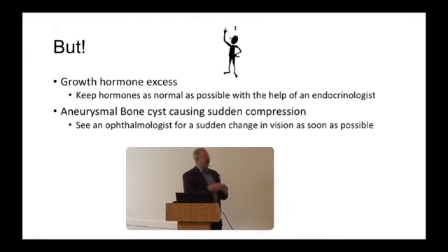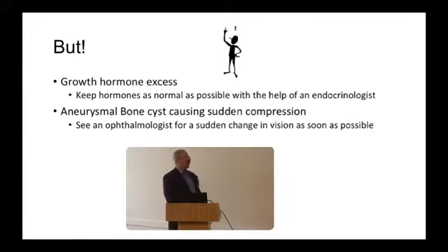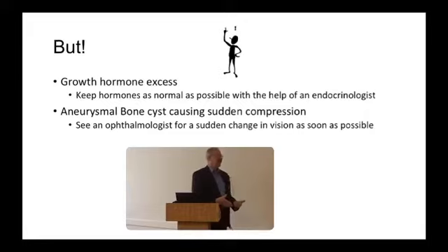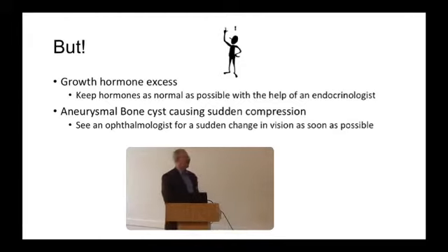If that happens, it's going to be a sudden change, and obviously you should see somebody very soon, emergently, rather than putting it off. Usually, the sooner we notice something, the better that we can try and save it. We don't have any good way of bringing back vision, unfortunately, but we do have ways to try and keep it from getting worse, or if it's done very acutely, sometimes we can actually improve things.